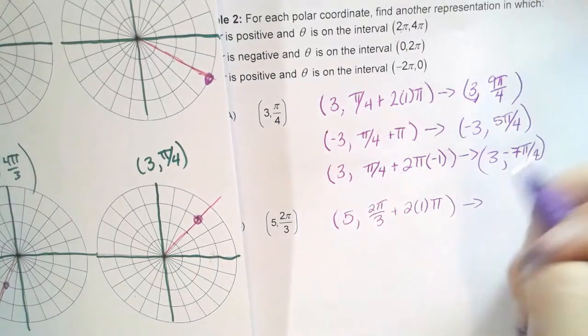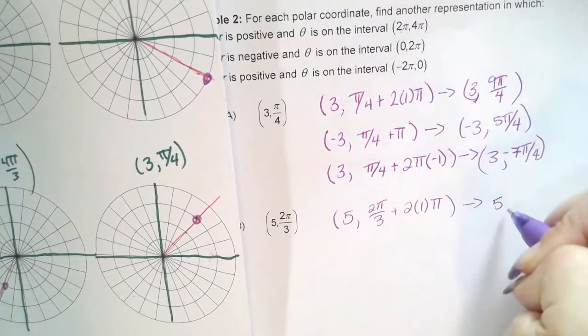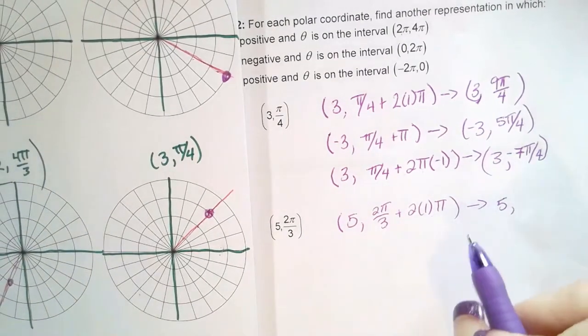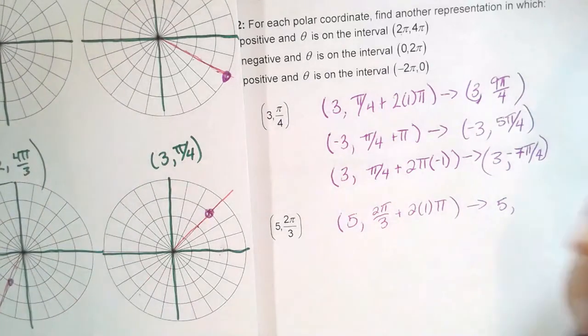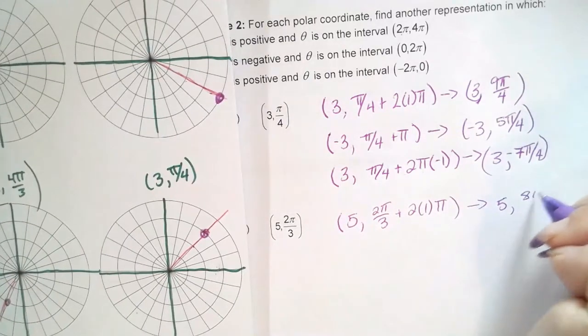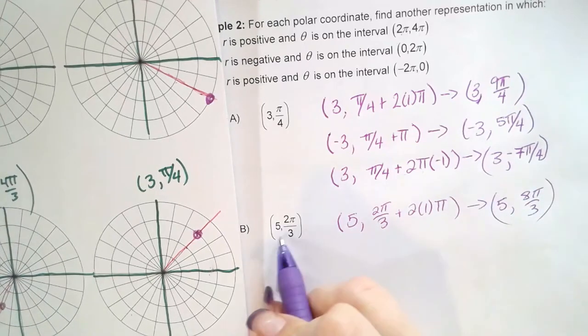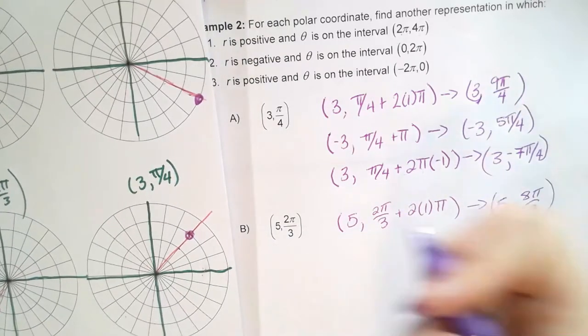If we simplify that out, we get 5, comma, and then let's see, so that would be 6, 7, 8 pi over 3. And we can graph both of these and see that they are in the same position.